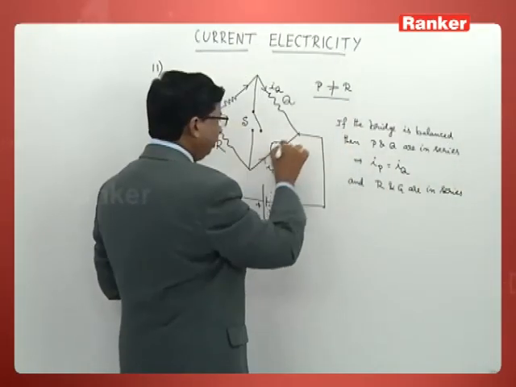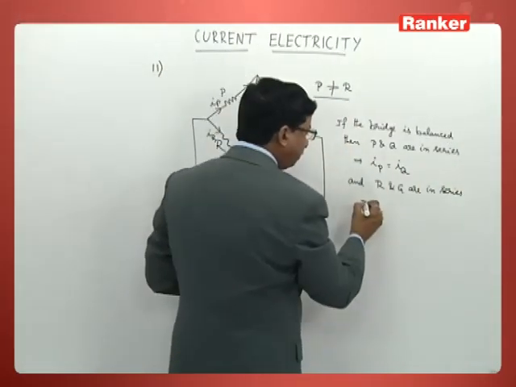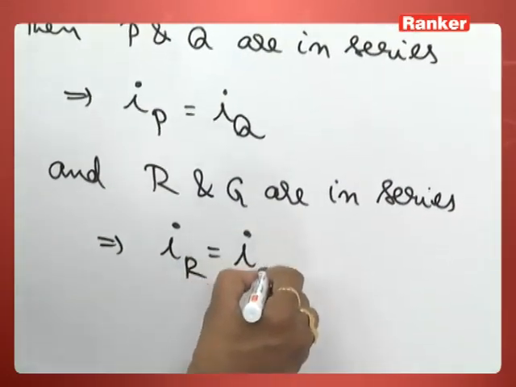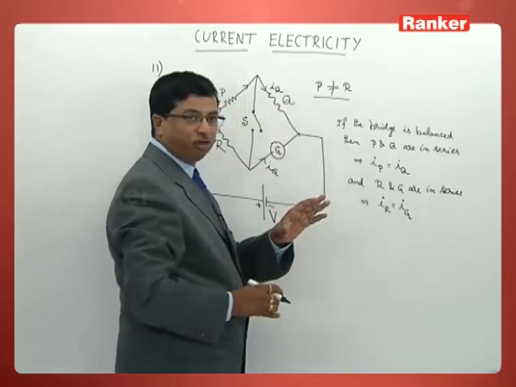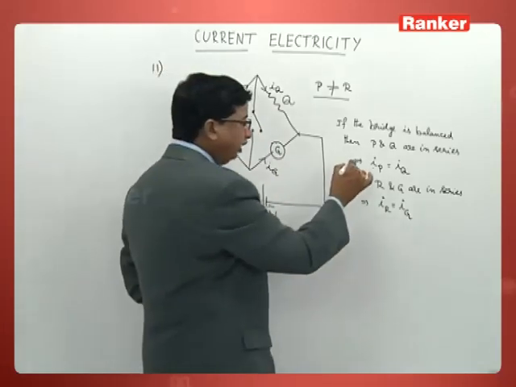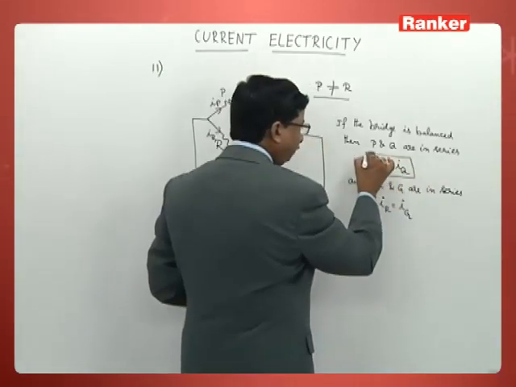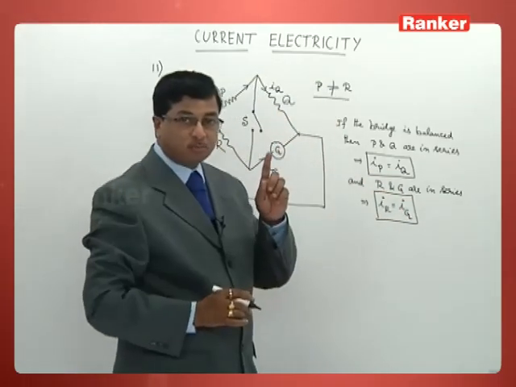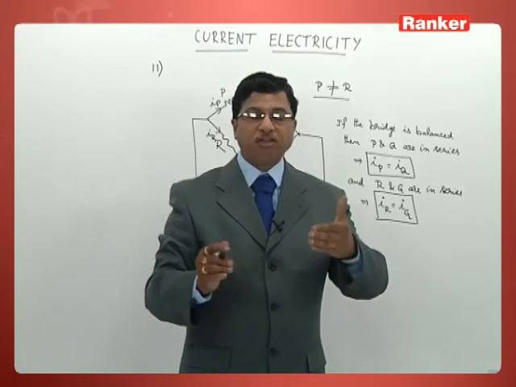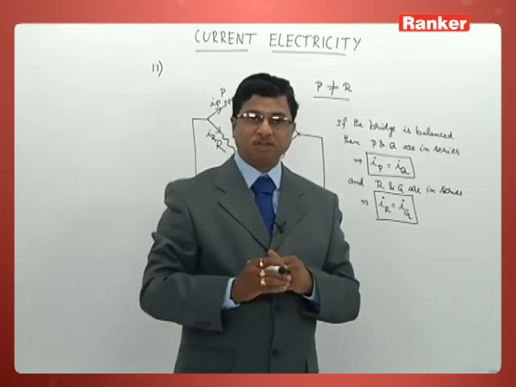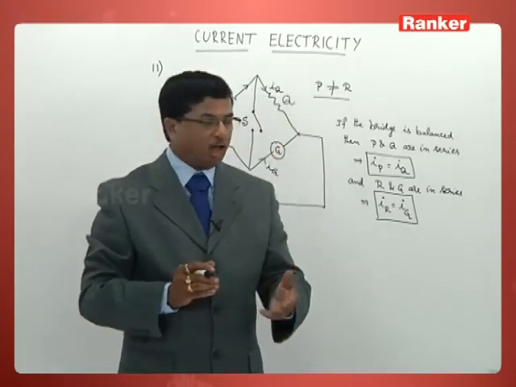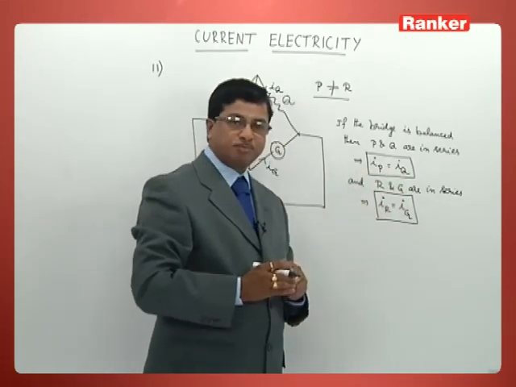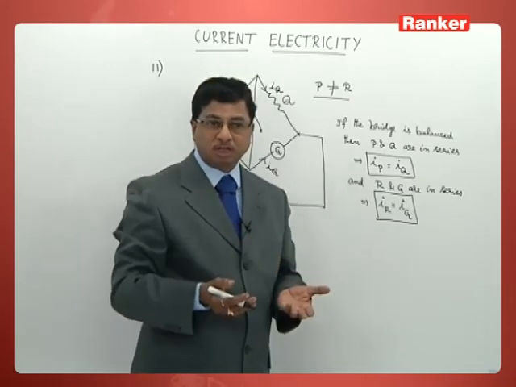Even these two will be in series. That implies the current across R and the current across G are also going to be equal. So these are the two conditions which are valid for this particular circuit. When they are valid, our answer must be either this or this, or sometimes both.